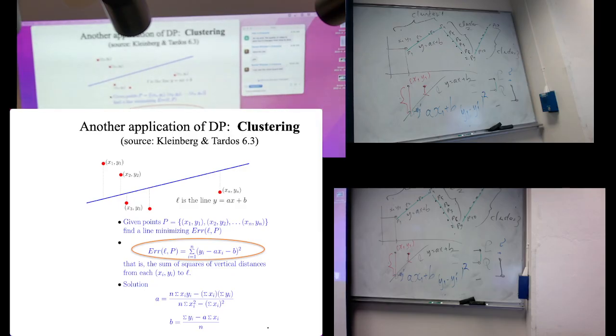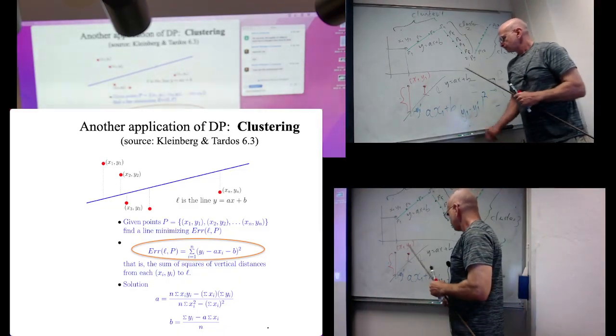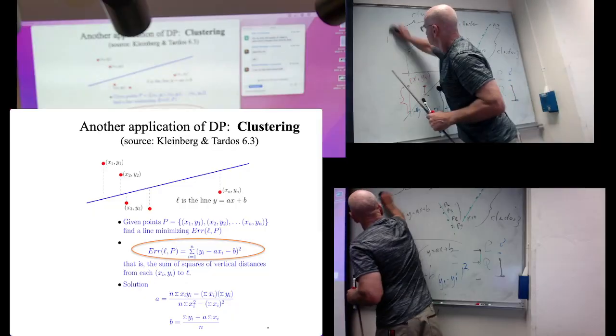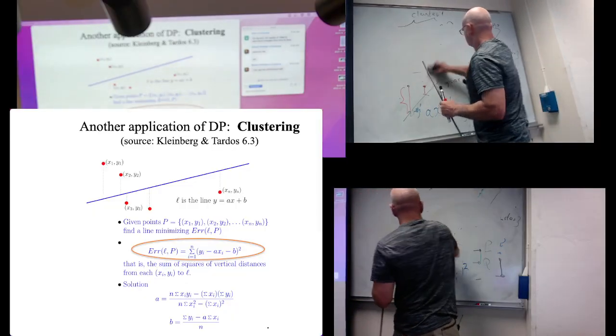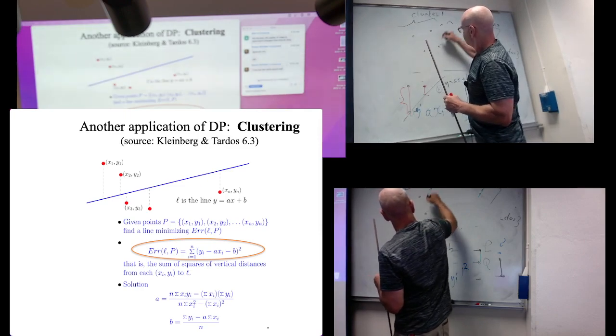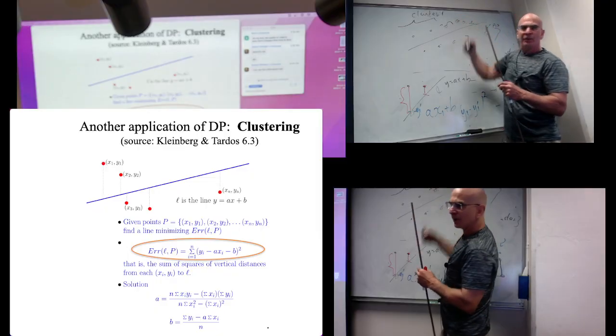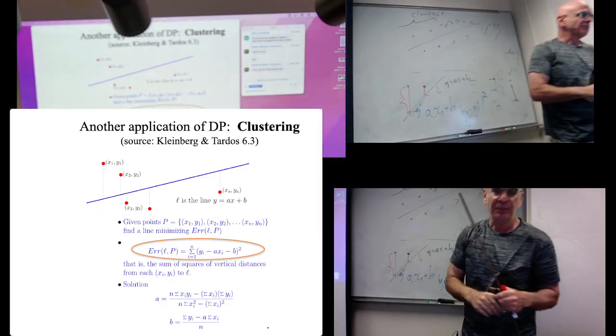In particular, if the points are collinear, then obviously this line will just go through all these points. If my points are something like this, then maybe my line will go somewhere in the middle between these clusters of points.